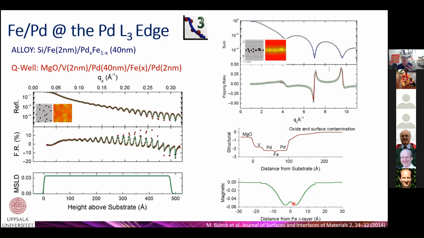And because we're focusing on just the palladium now, this is the induced palladium moment profile as you go across that quantum well. Now, of course, there's iron in the middle, so that's why there's this small dip. There's less palladium here, so the moment is slightly reduced.